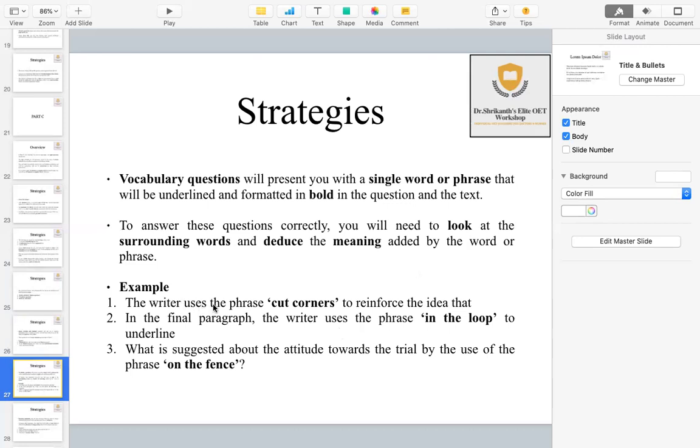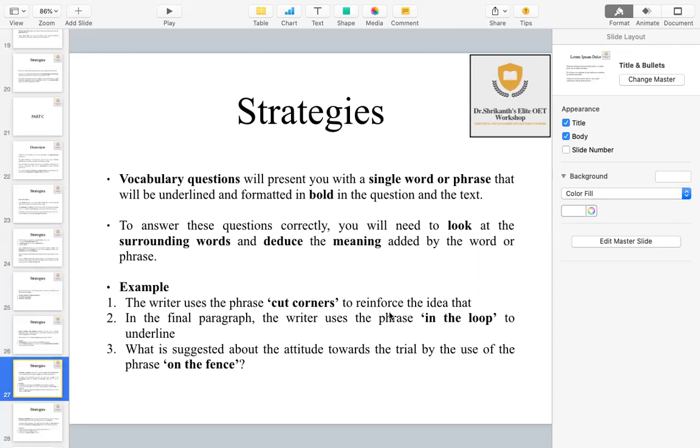You have to think about the perspective of the writer. The writer uses the phrase cut corners to enforce the idea that. If you get this question, highlight the phrase cut corners, to reinforce the idea. There is one idea that is already there, and the phrase cut corners adds a little more punch to it. So cut corners is reinforcing the idea.